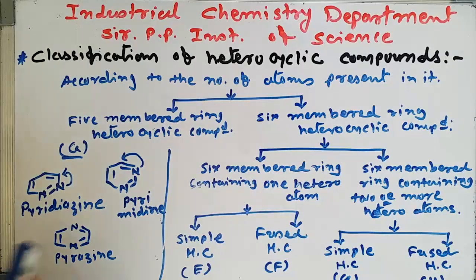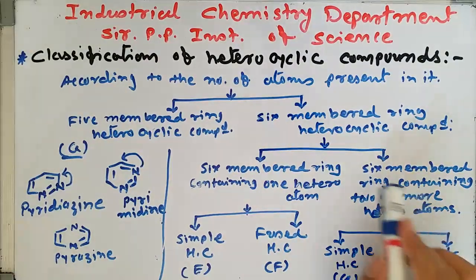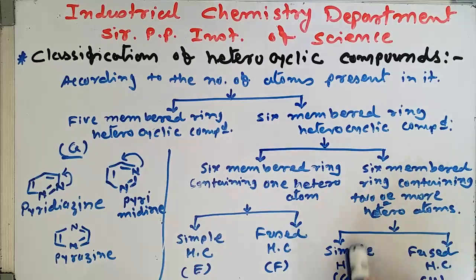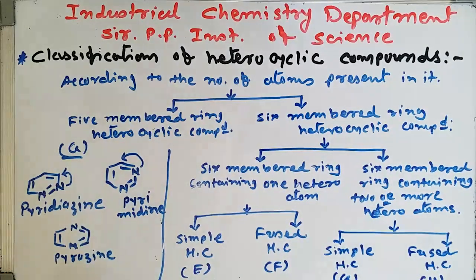So a six-member ring with 2 or more heteroatoms, simple compounds: pyridazine, pyrimidine and pyrazine.